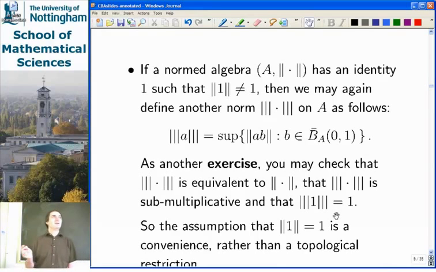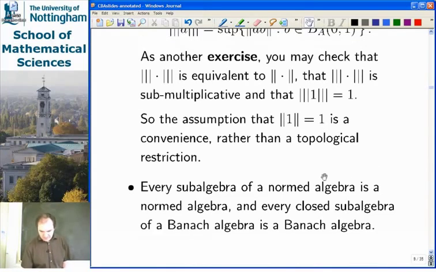So there are some easy fixes you can do if you start out slightly wrong in the first place. So we don't lose very much by putting these additional requirements on. It doesn't really change the topology of the situation, because we're just going to equivalent norms and fixing the problems.